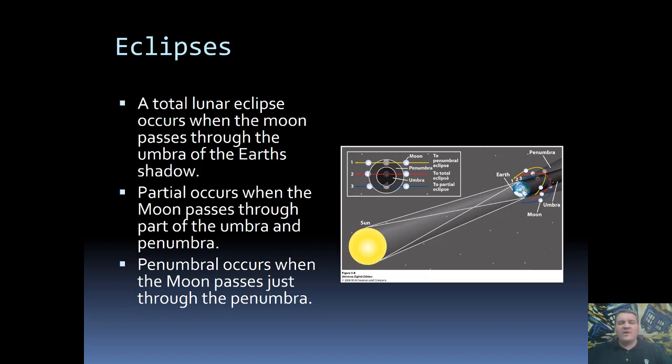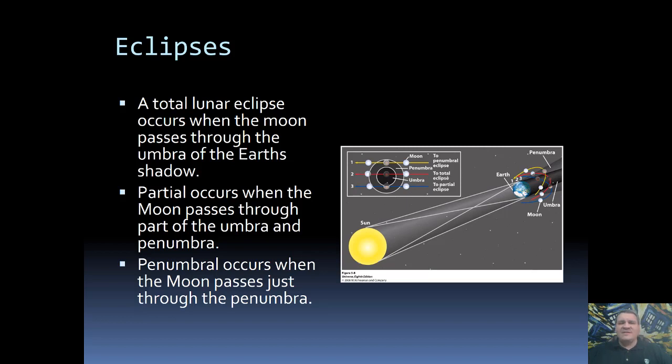Now, total lunar eclipses are also sometimes referred to as blood moons because the moon appears to go a deep, dark red. Now, I just said that the light source becomes completely blocked, so it seems like the moon should actually go black. But the Earth has an atmosphere.